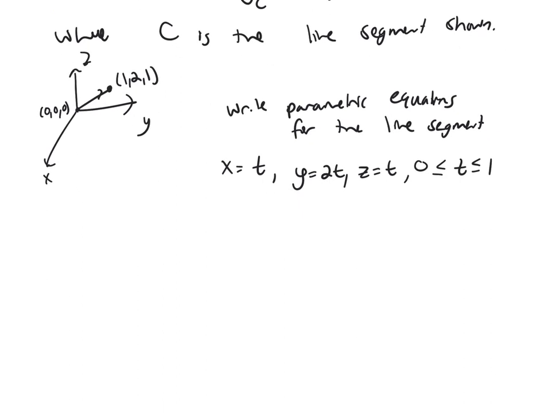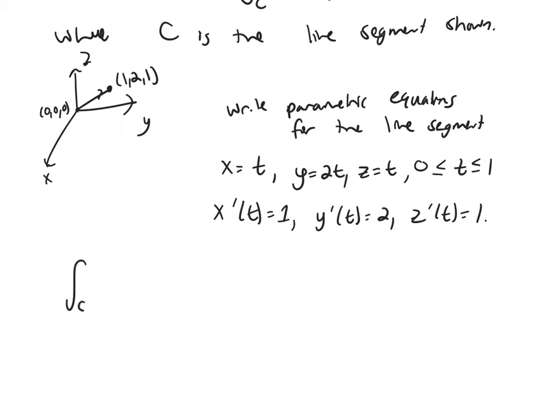So I've got my parametric equations. I'm also going to need the derivatives, so let's go ahead and find those. x prime is 1, y prime is 2, and z prime is 1.